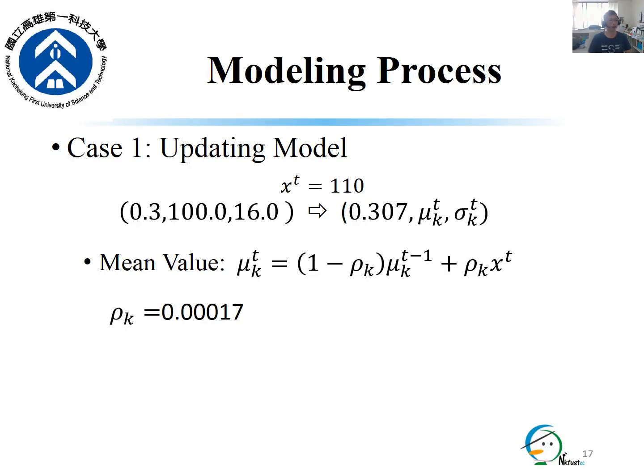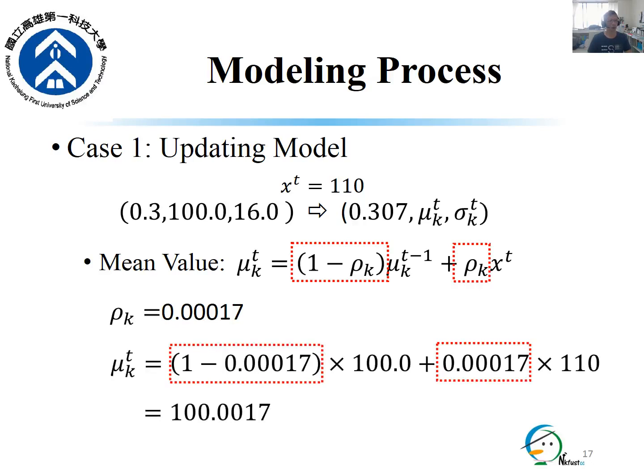Having rho in hand, we can update the mean value as the weighted summation of mu at the previous time and the current observation xt. According to this equation, the mean value is thus updated from 100 to 100.0017.